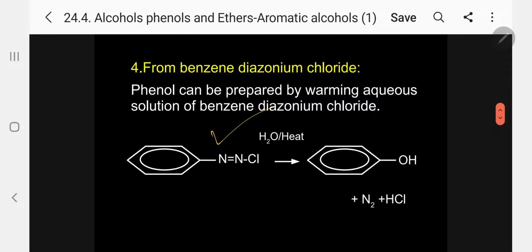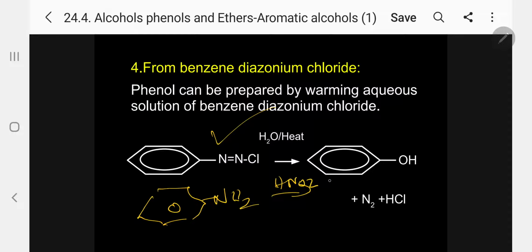Normally, we get benzene diazonium chloride from aniline. When you treat aniline with nitrous acid, prepared from sodium nitrite and HCl, it undergoes reaction to produce benzene diazonium chloride.